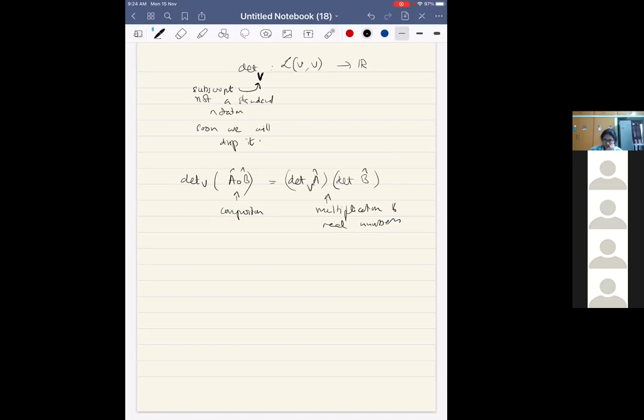Then det_V of A hat is non-zero if A hat is an isomorphism, i.e. invertible.